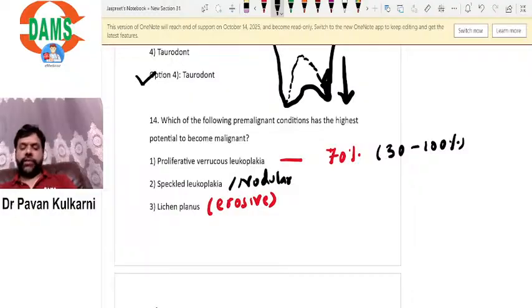Normally, if you see a white patch, you call it leukoplakia, and if you see an exclusively red patch, you call it erythroplakia. If you see a combination of the two, you call it nodular leukoplakia or speckled leukoplakia, where again the malignant transformation rate is very low, around 2% somewhere.